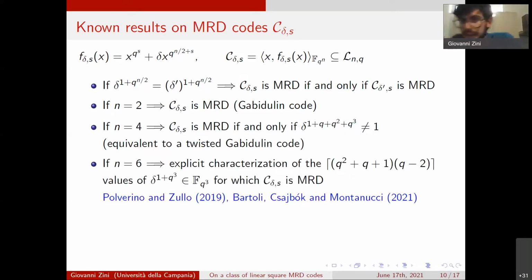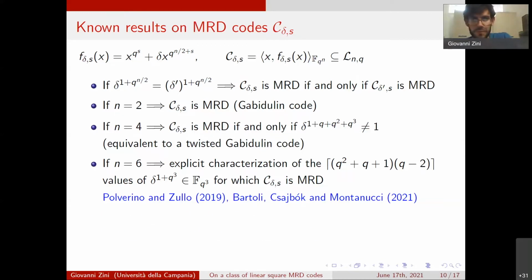Well, the first, say, difficult case is n equals 6. But indeed, this case is completely worked out by these two independent papers by Polverino and Zullo and Bartoli, Csajbók and Montanucci, which explicitly characterized, they give necessary and sufficient conditions on delta for the code to be MRD, and also the exact number of such delta was computed.